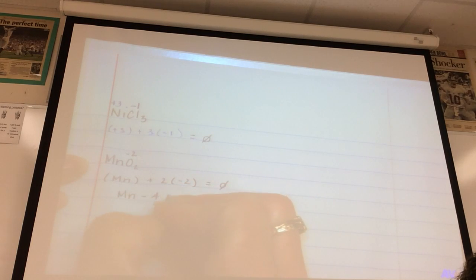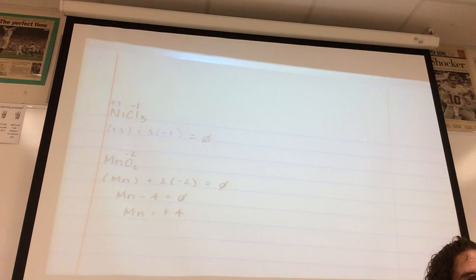Manganese minus 4 is equal to 0. Manganese is equal to +4. In addition, if you name that compound, it would be manganese 4 oxide. So you could grab that as a +4 anyway. So the binaries are pretty basic.